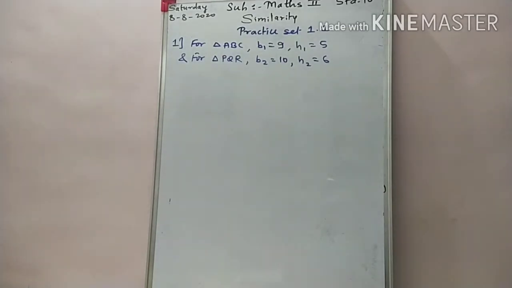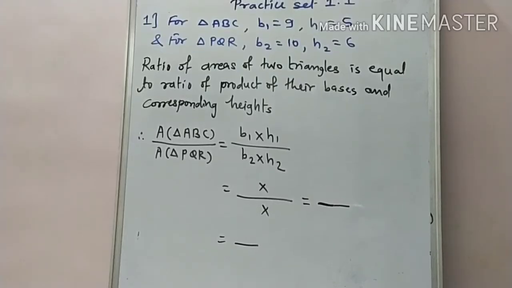So to find the ratio of areas of these two triangles, of course we have to use the first property. And what is that property? First we have to mention it over here. So write down that property first. The property is that the ratio of areas of two triangles is equal to what? The ratio of the products of their bases and corresponding heights.